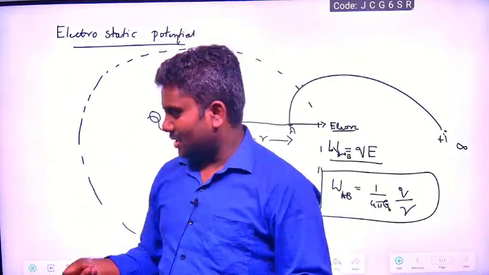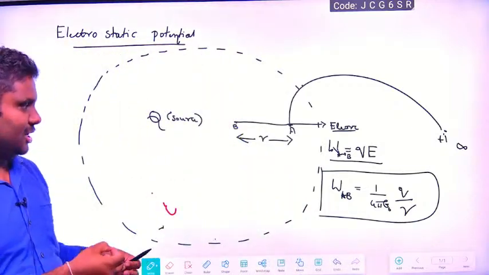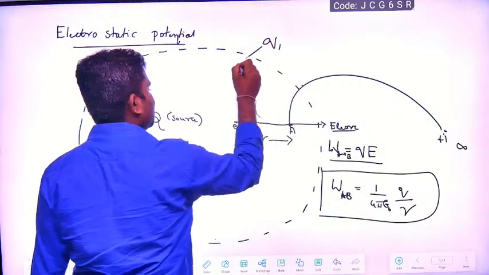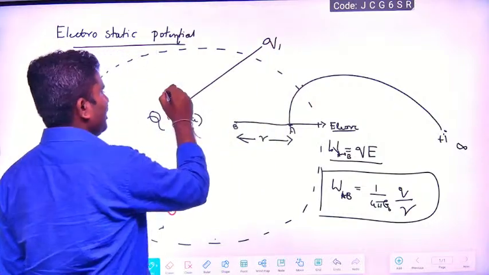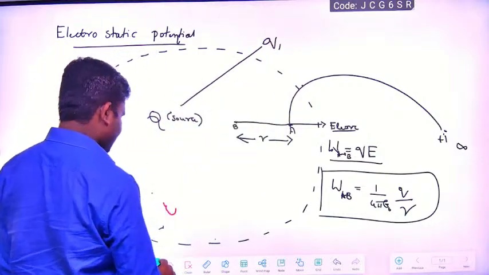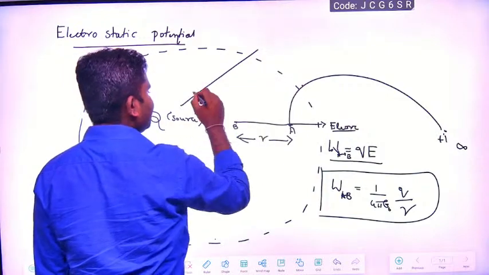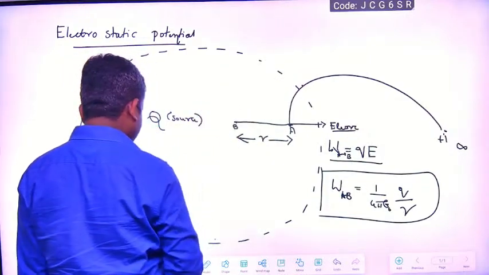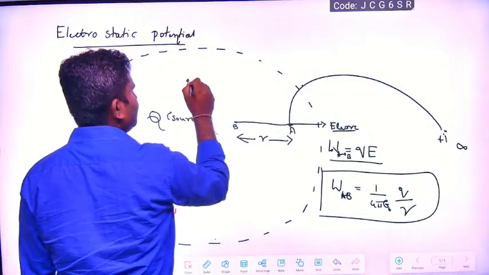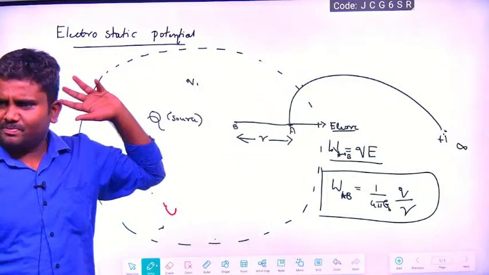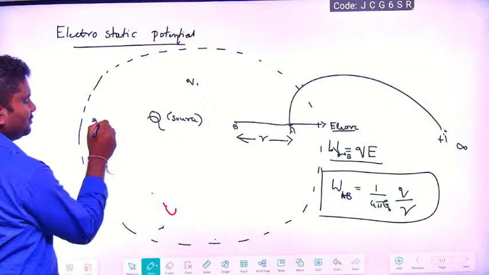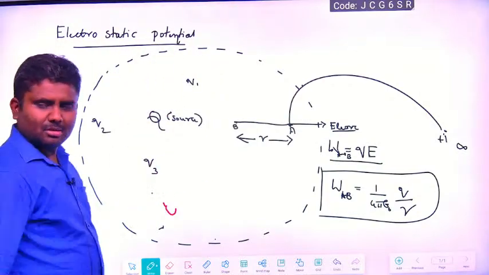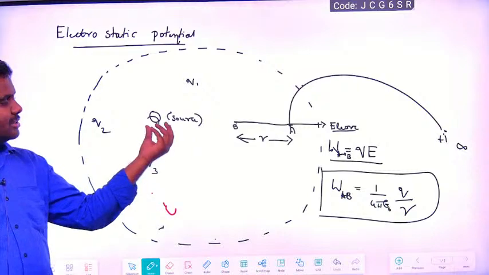For example, I will bring charge Q1 near the charge Q. Now, I want to bring the charge Q1 here, from somewhere. If I want to bring the charge Q2 from some other point, and the charge Q3, see, everything I am bringing near the source charge.